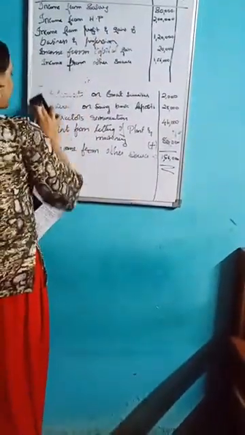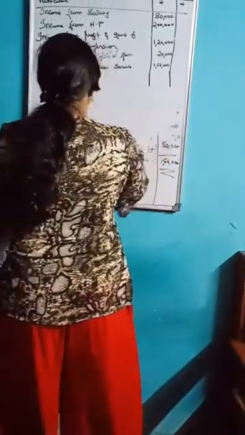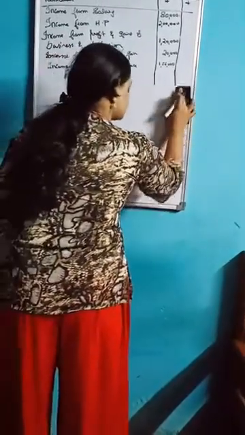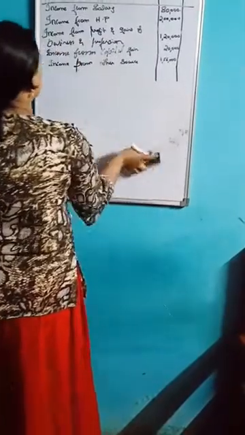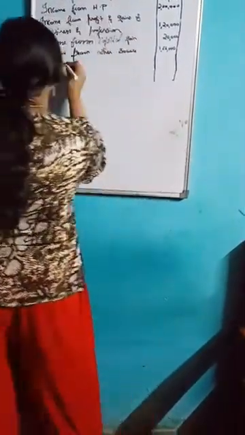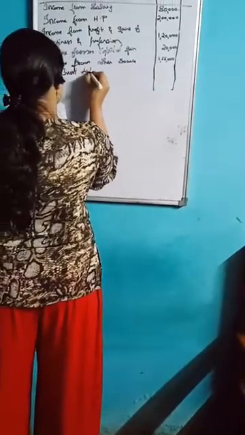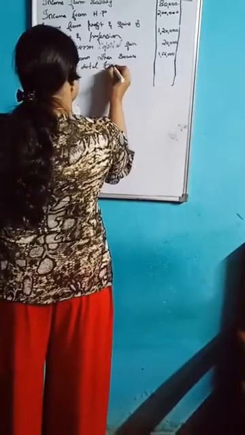After that, you should add all 5 heads. Then you will get gross total income.